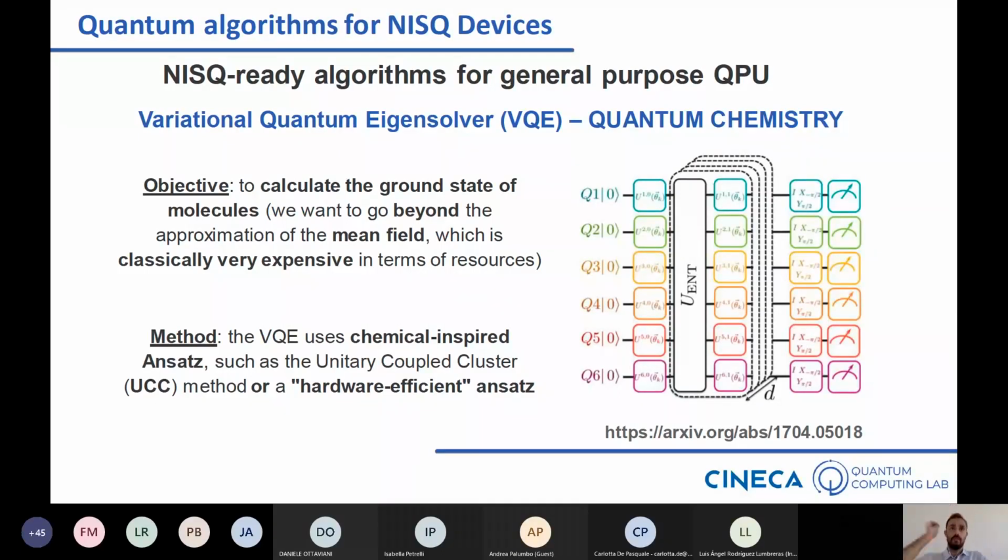You know that in order to simulate nature exactly, you need an exponential number of resources. So this goes a little bit in the direction of the original idea of Feynman. In order to simulate something that is quantum, you need a quantum simulator. So the variational quantum eigensolver goes exactly in this direction.